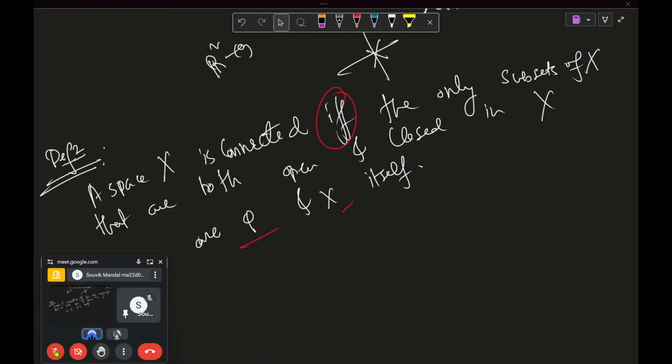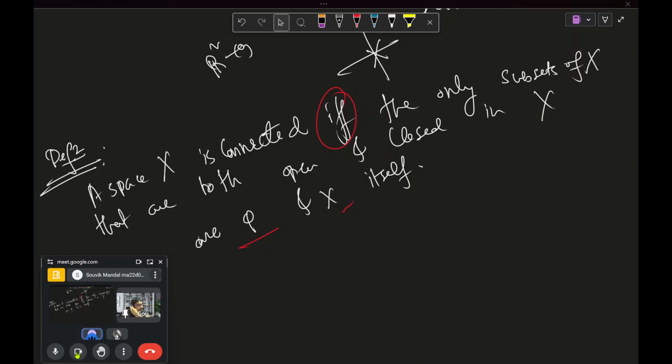Then, because the set is open, its complement is closed, and because it's closed, its complement is again open. So we have produced two sets which are open and disjoint. Yeah, can you please repeat? I was not here.